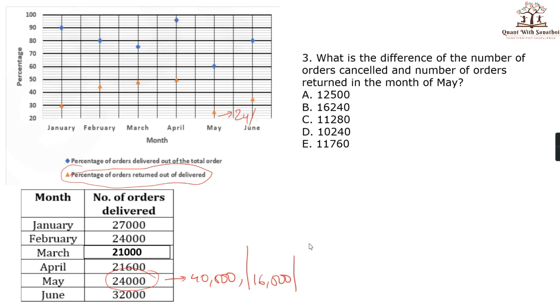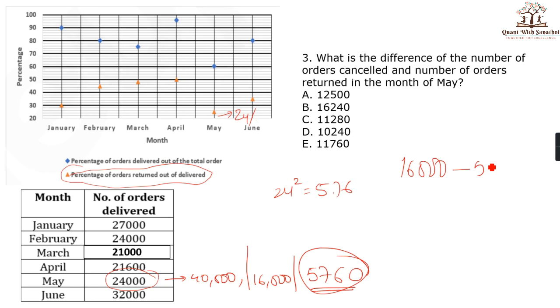If you know the square of 24, then it will be 576, that is 5,760. So this order is returned. So what they've asked, the difference, then the difference will be 16,000 minus 5,760. Then what's the answer? Answer will be 10,240. That is option D.